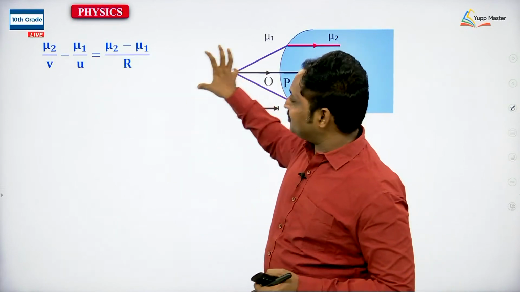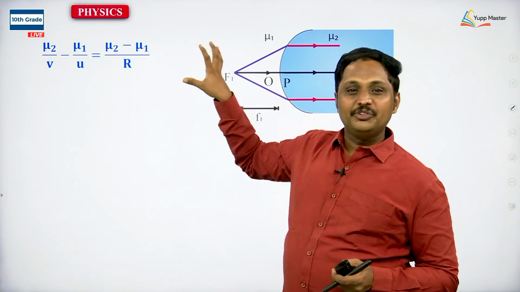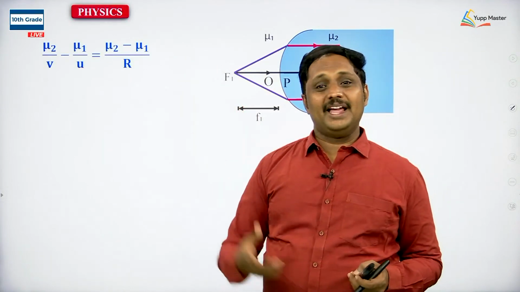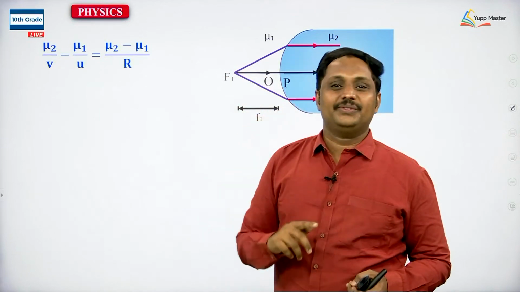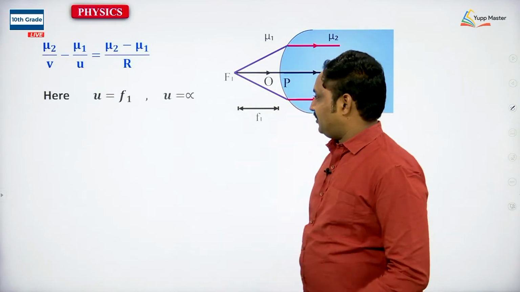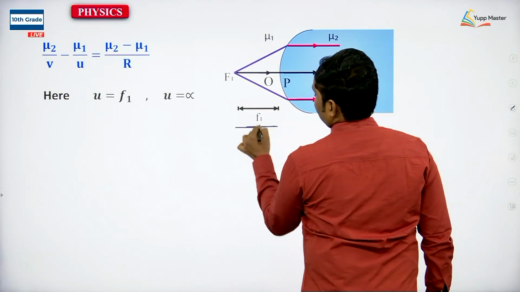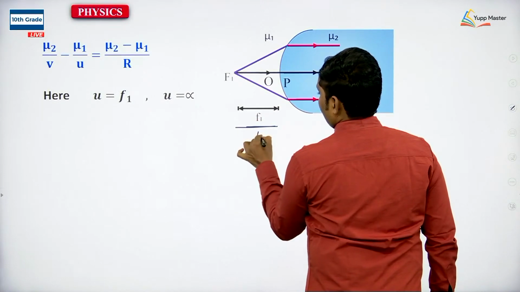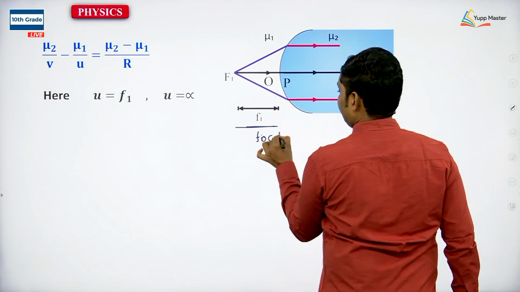After all these assumptions, we obtain that relation in terms of object and image distance. They have a relation with the radius of curvature and the refractive indices of the first and second media, right. Generally, this is the first principal focal length, it is going to be the focal length.